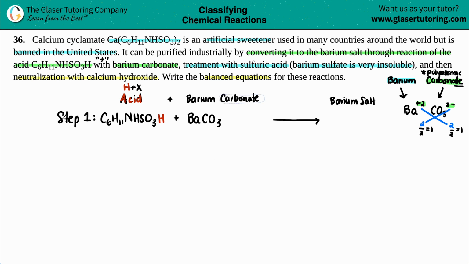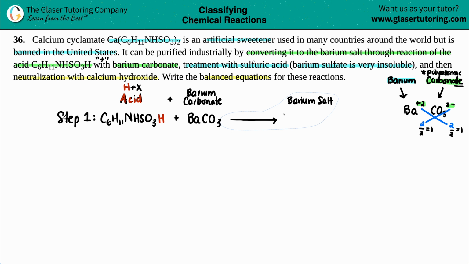So now let me make this a little bit better. Let's move this over just so that I have enough room. And now we're going to make the barium salt. Maybe I'll color in the carbonate differently, just so that you can see the separation between the 2 ions. All right.